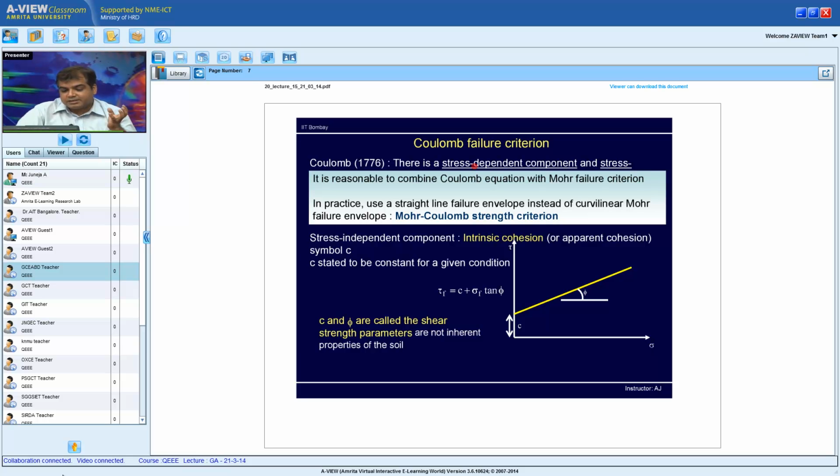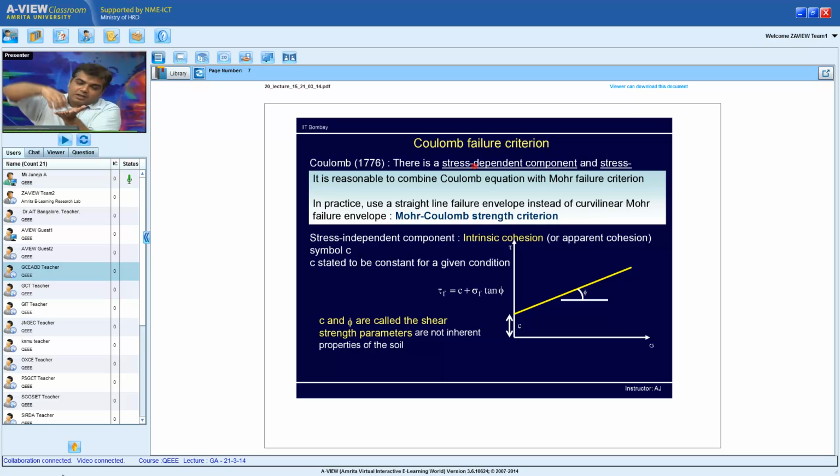The stress dependent component is what we are familiar with. If I have a block and I slide it on a surface, the amount of stress I require to slide it, meaning the shear stress, remember, sliding is shear stress, depends on the weight of this block.